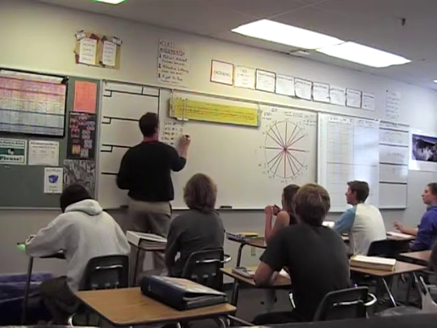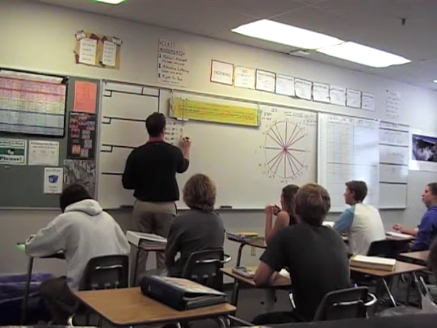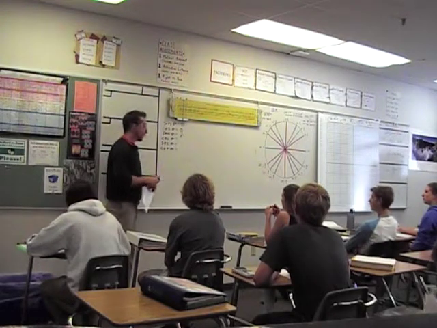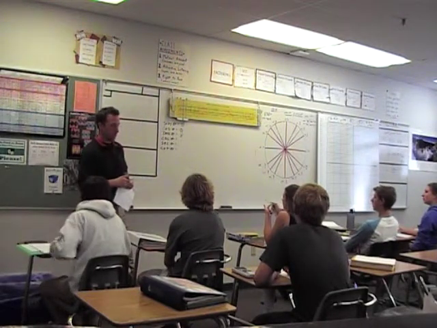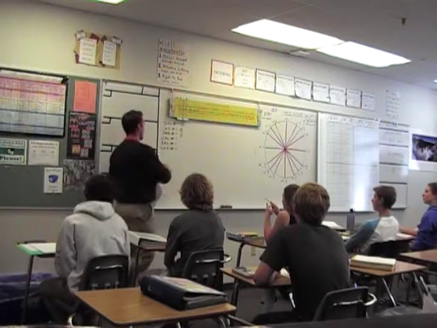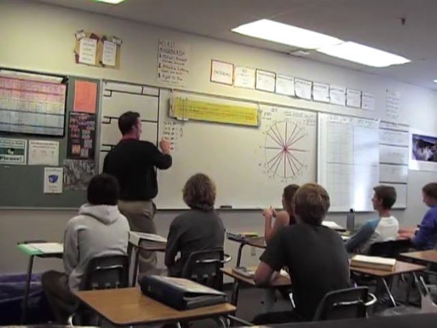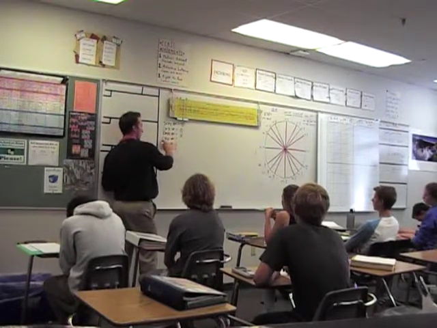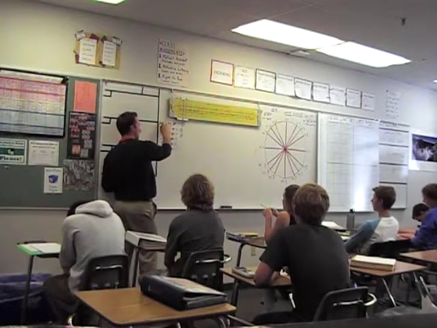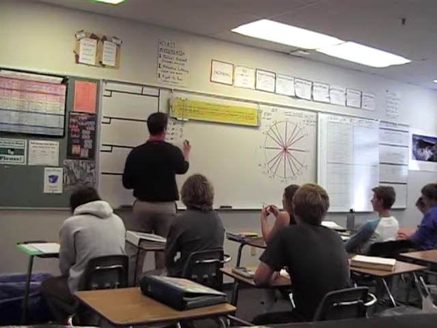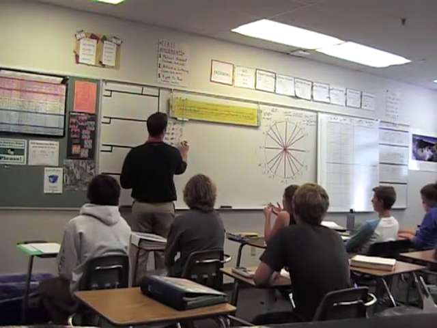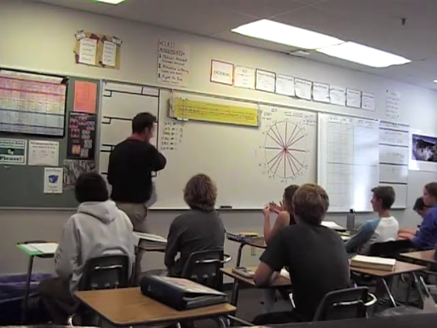Tangent, opposite over adjacent. Okay. Cosecant. What trig function does that relate to? Sine, right? Sometimes you guys see the C and you want to relate that with cosine. The cosecant is related to the sine. Cosecant of theta is the same thing as hypotenuse over opposite.